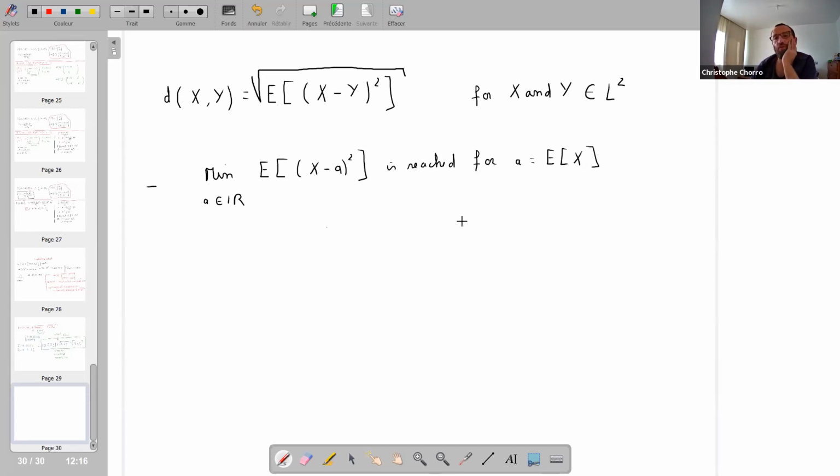And I have given you an interpretation of the expectation in terms of the best approximation of x using constants.